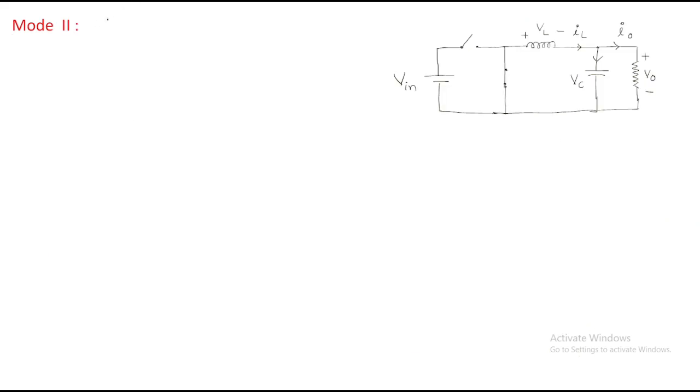Second mode operation is simple: switch off and diode on. So what happens when the supply is off? The inductor acts as a source.